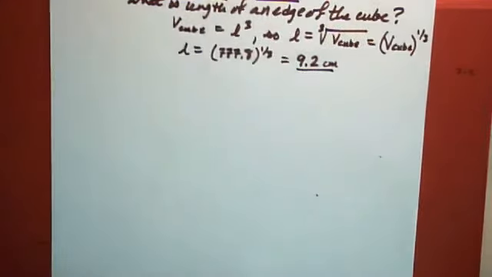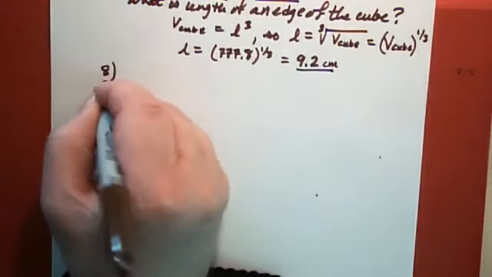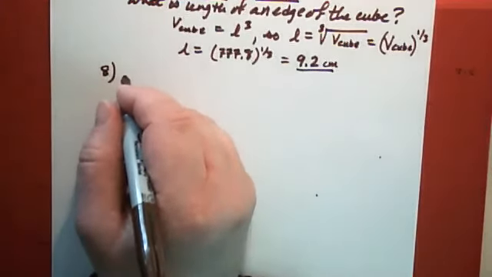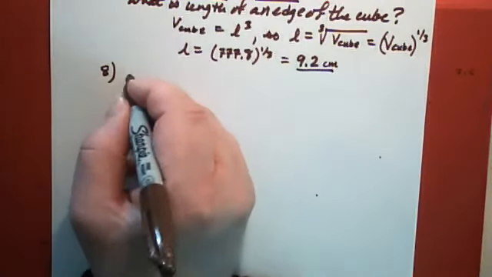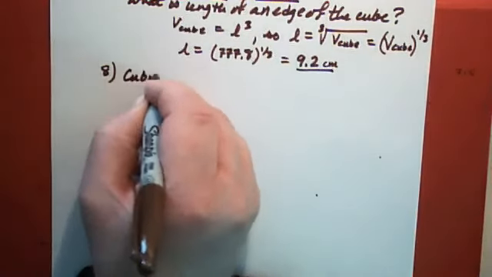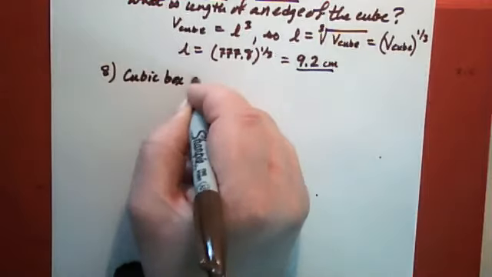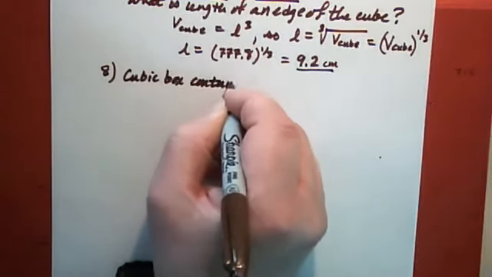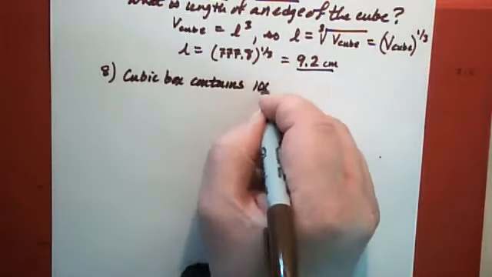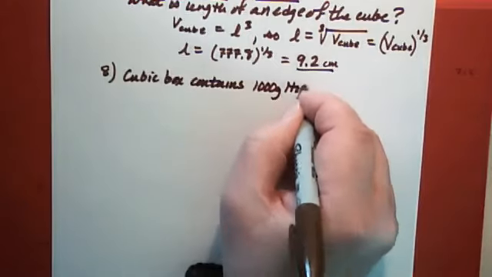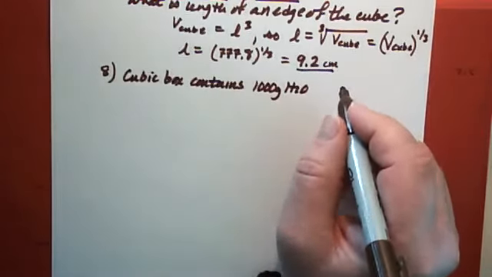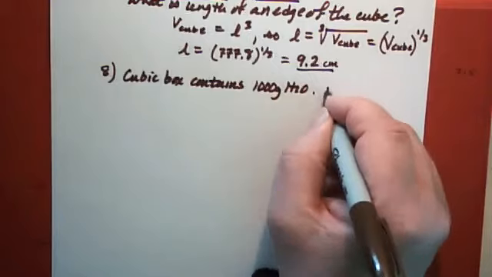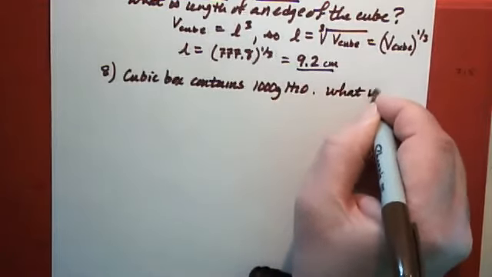Okay, so you can go even further than what the book demands. Question 8 is about a cubic box containing 1,000 grams of water, or in other words, 1 kilogram. What is the length of one side of the box in meters?